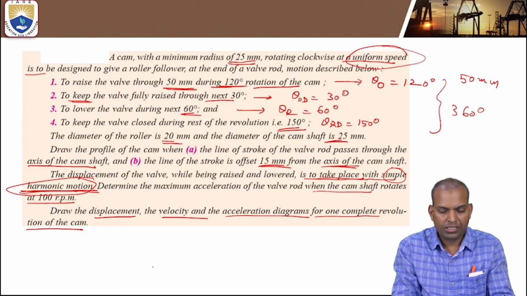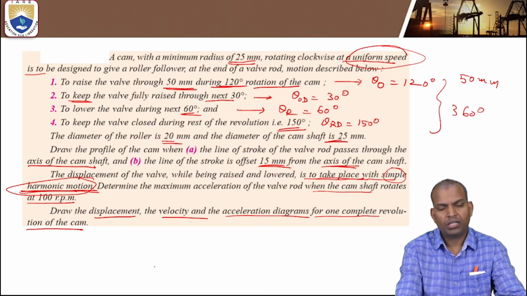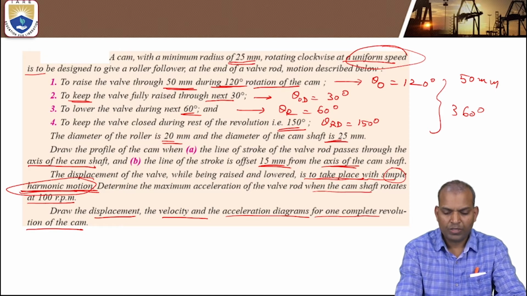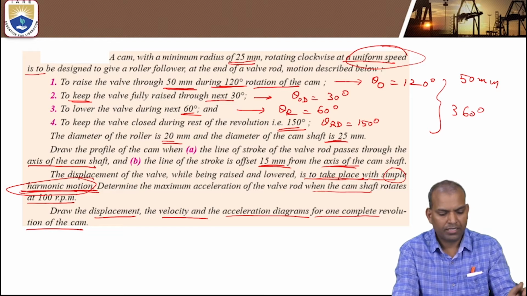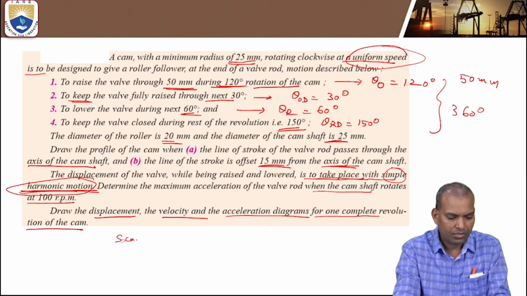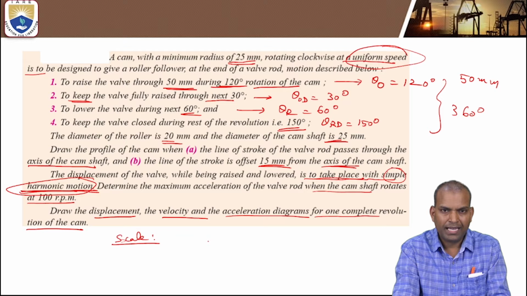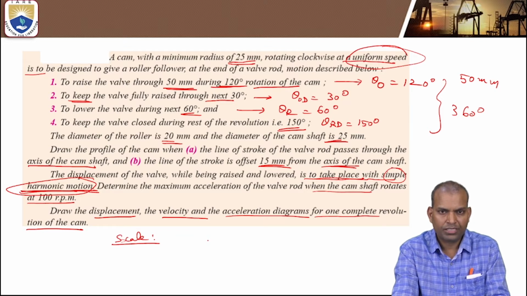Now we have to draw the displacement diagram first. Whenever we want to draw the cam profile, first we have to draw the displacement diagram. How to draw the displacement diagram? Let's take a scale. This is the x-axis and y-axis.